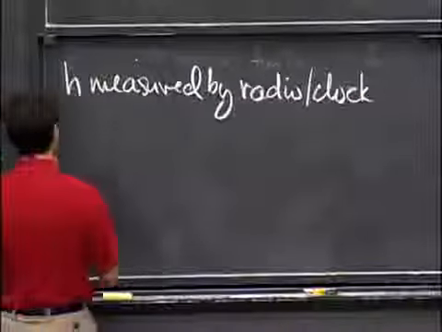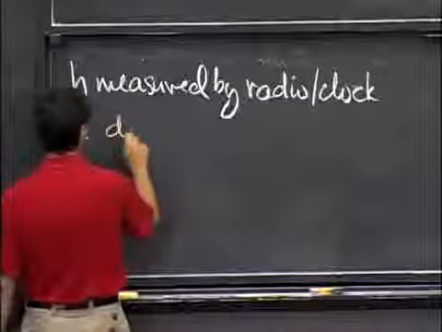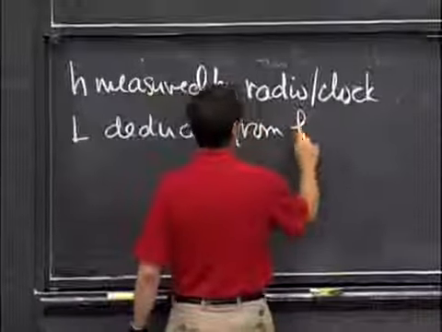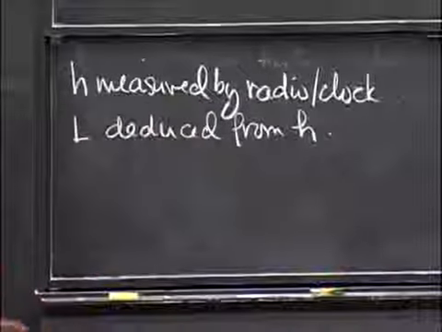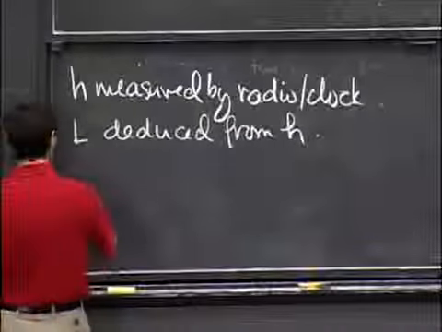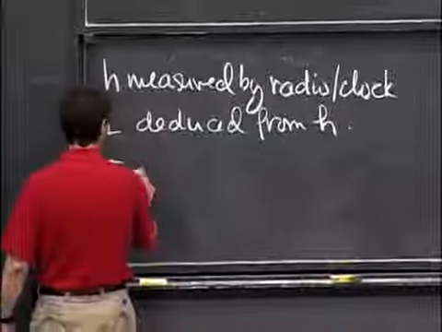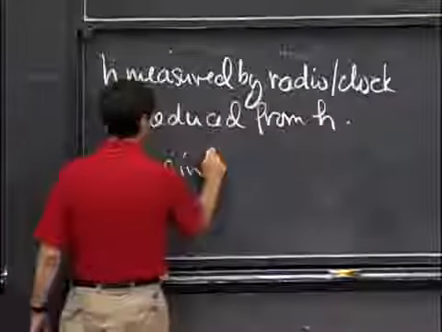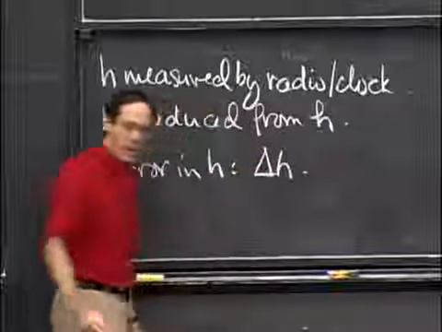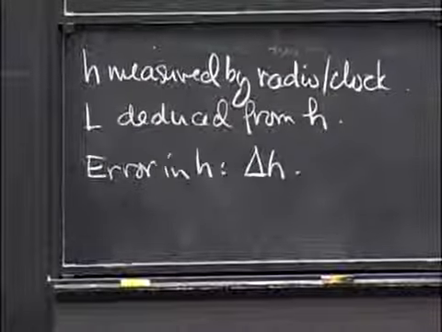And then L is deduced from h. And what's critical in all of these systems is that you don't know h exactly. There's an error in h, which will denote delta h.